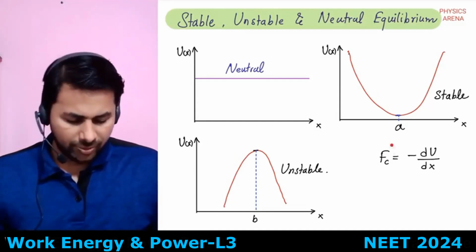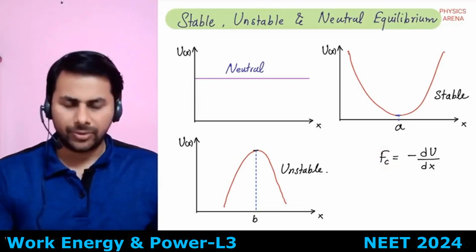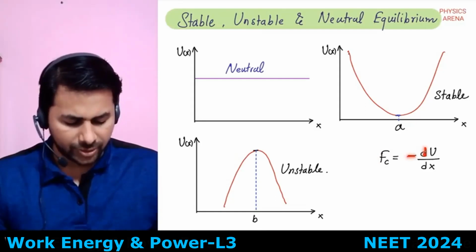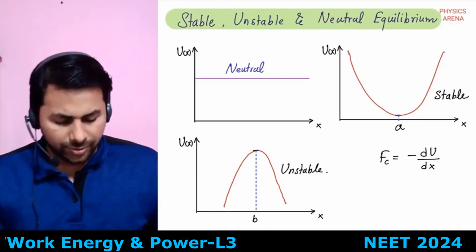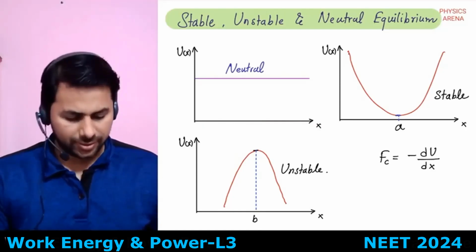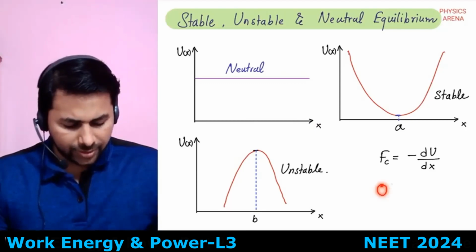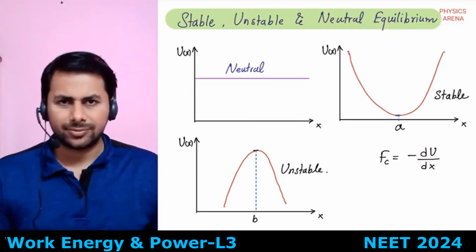We know that for a conservative force, the force can be found like this: minus dU by dx. If we consider the one dimensional case only, and the force is 0, that means the derivative of U with respect to x will be 0.